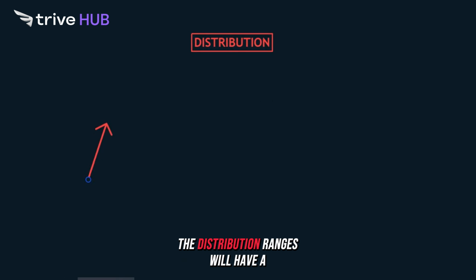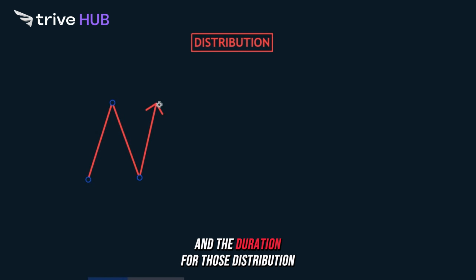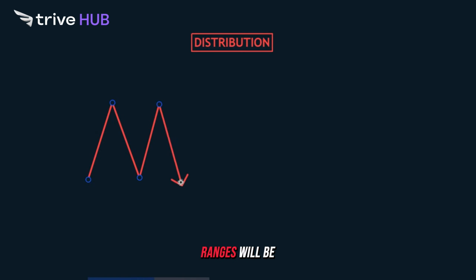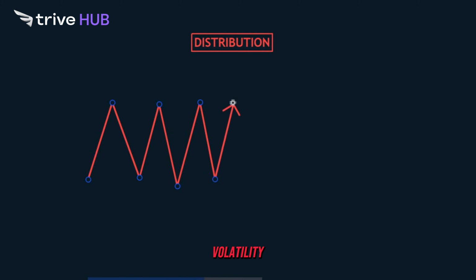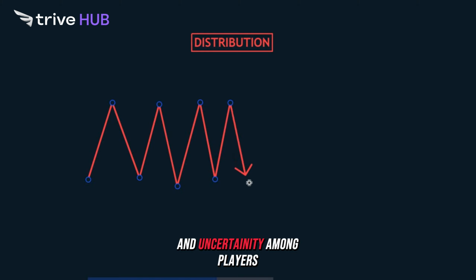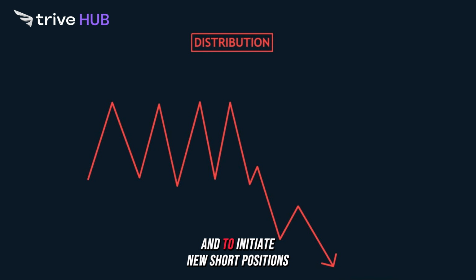The distribution ranges will have a very wide formation, and the duration for those distribution ranges will be short. Those wide distribution ranges show volatility and uncertainty among players, and the duration is short because a lot of urgency is there to book the unrealized gain and to initiate new short positions.